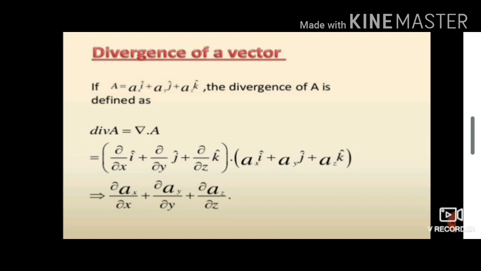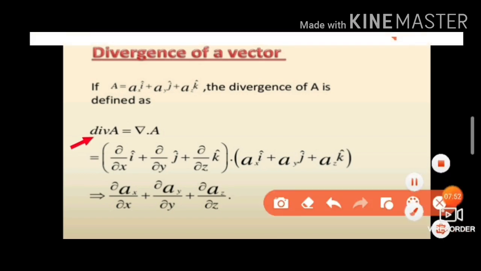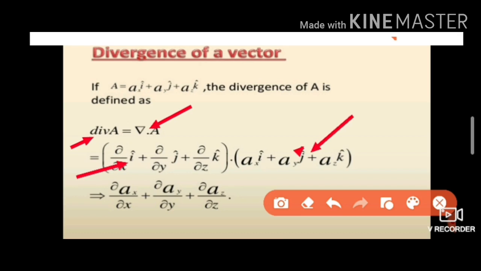So what is divergence? Divergence of A, the operation is the dot product del dot A. Now put the values. The value of del is ∂/∂x i cap plus ∂/∂y j cap plus ∂/∂z k cap, dot the value of A bar, which is Ax i cap plus Ay j cap plus Az k cap.